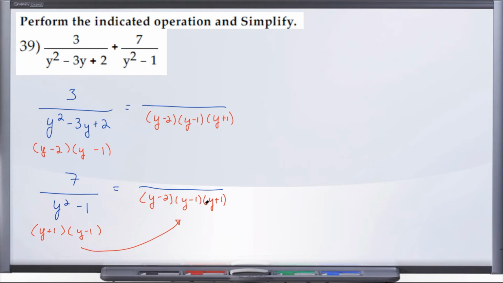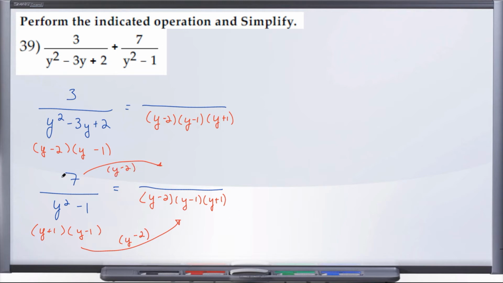Which factor were we missing? Well, y plus 1, y minus 1, y minus 1, y plus 1. So the one factor that we were missing was this y minus 2. So in order to get from the original denominator to our new common denominator, we are going to have to multiply by y minus 2. And whatever we multiply the bottom by, we also have to multiply the top by. So let's go ahead and do that.